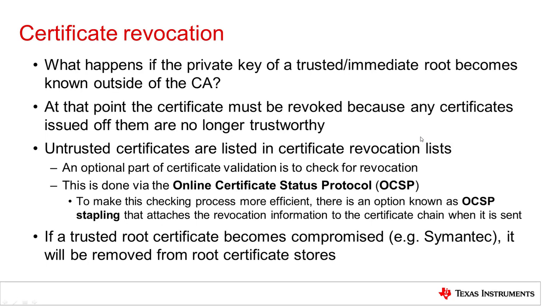And you'll probably have seen a lot of these notices recently, because Google and a number of other browsers decided that Symantec's root certificate had been compromised. What happens then when that root certificate is thought to be compromised? The OS vendor or the browser vendor will remove it from its root certificate store.